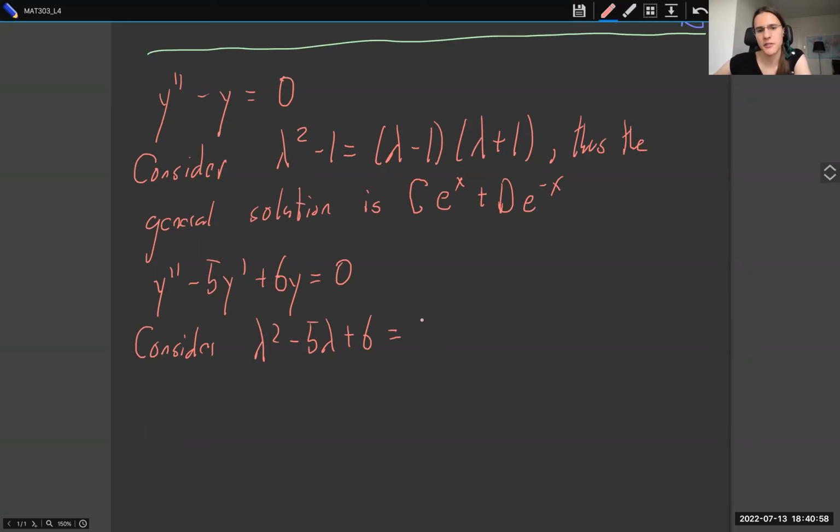What are the factors? Lambda minus 3 times lambda minus 2. Good. Why? Because you want 2 numbers that multiply to 6 and such that when you add them together, you get -5. So -3 and -2, they sum to -5. So that works.